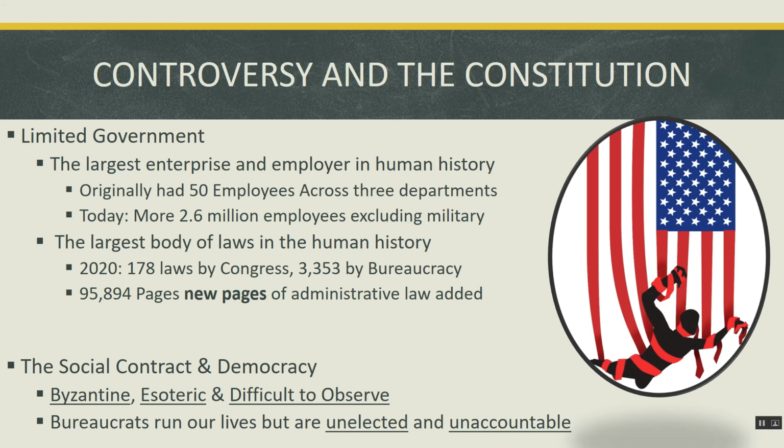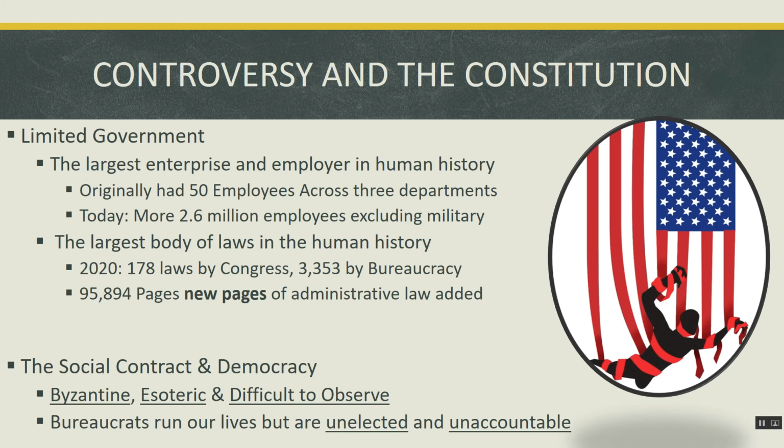Congress created 178 laws, but the bureaucracy, which doesn't have to go through that same complicated legislative process, created 3,353 new laws. And it's worth noting that the laws created by the bureaucracy tend to be much longer and more complicated and more cumbersome than those signed into law by Congress.